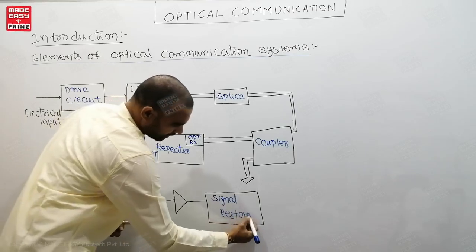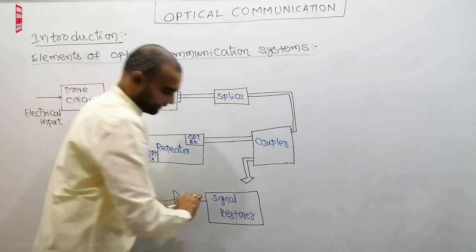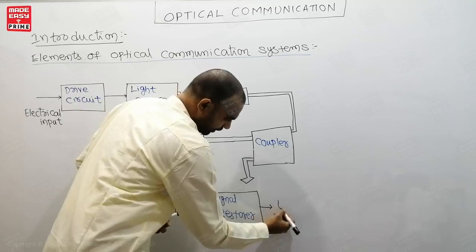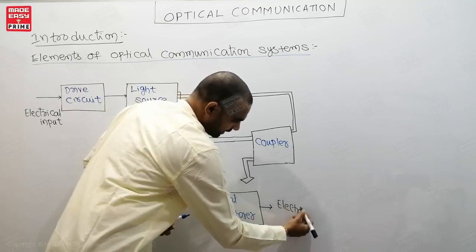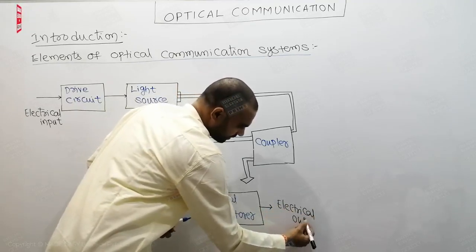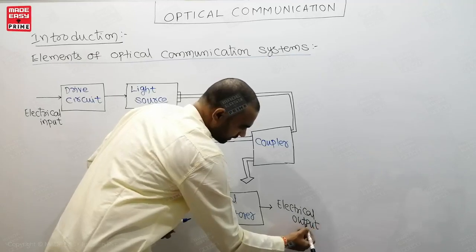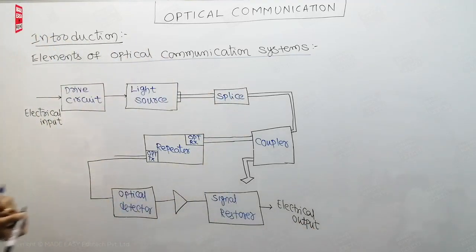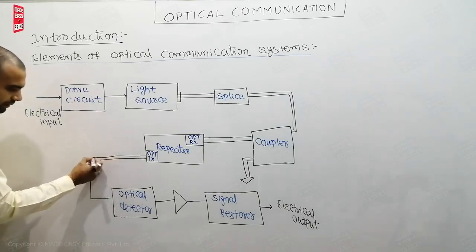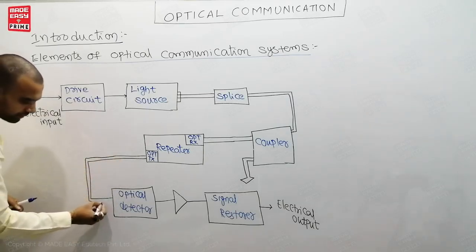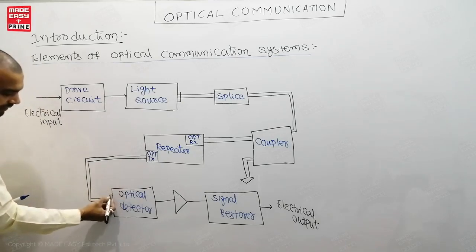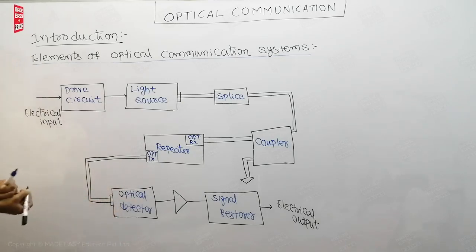The signal restorer restores the signal back to its original form. That means we obtain the output as an electrical output. This is the complete block diagram. Here also we are using a connector.